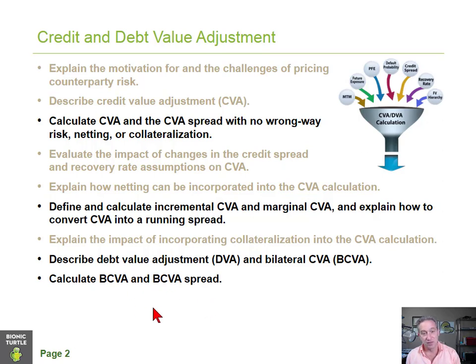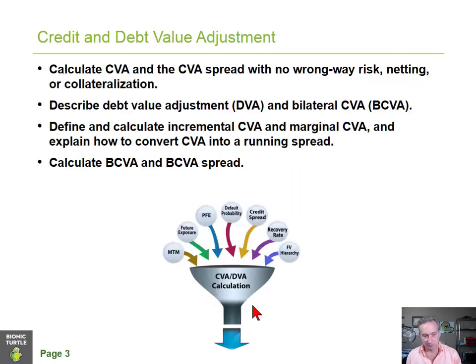So that's where we'll end up. We'll end up running through an example of the calculation of CVA, and really, if we understand that calculation, we necessarily understand most of the concepts that go into this chapter. Okay, so these are the concepts we're going to cover in this chapter.